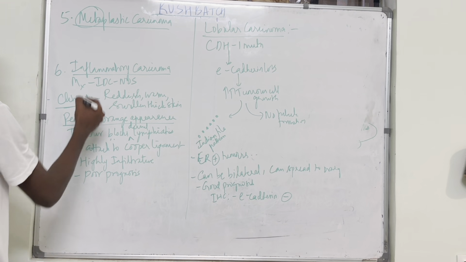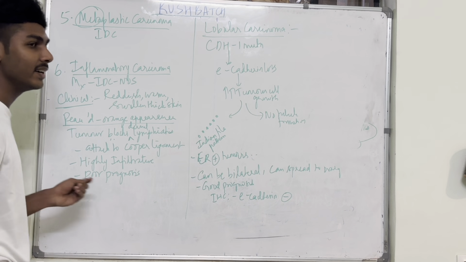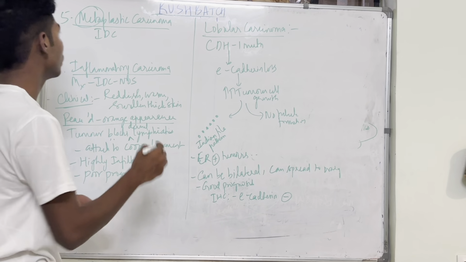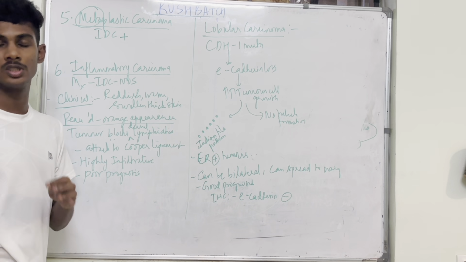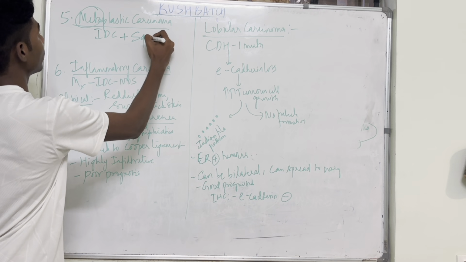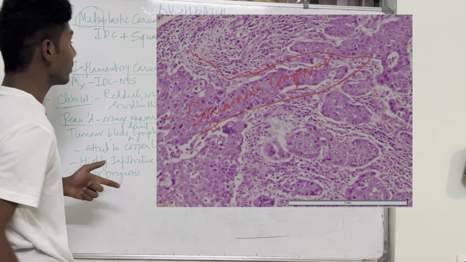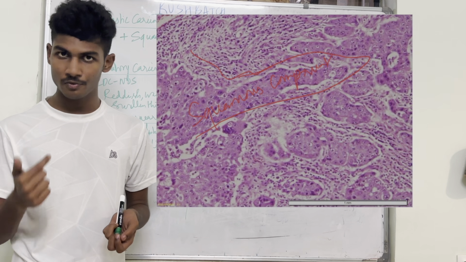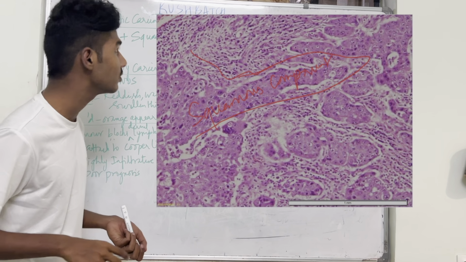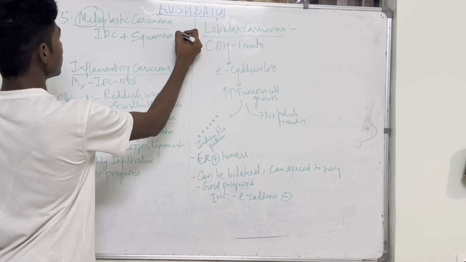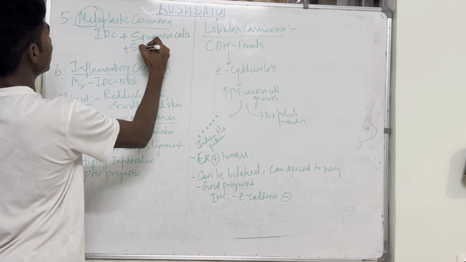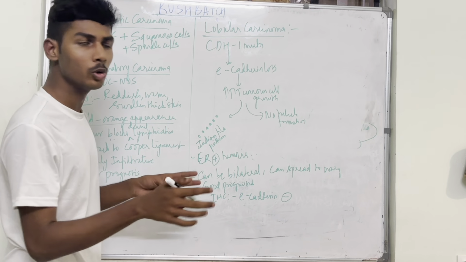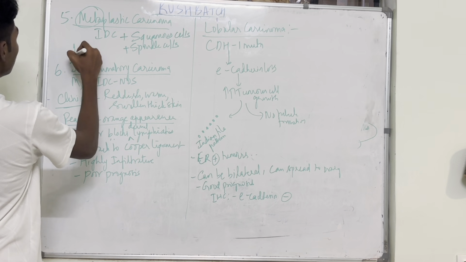Invasive ductal carcinoma can change to a squamous cell or spindle cells, because all these are undergoing metaplasia. It's a worse prognosis.